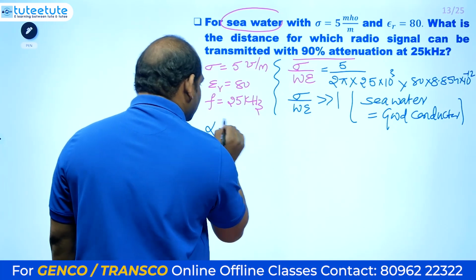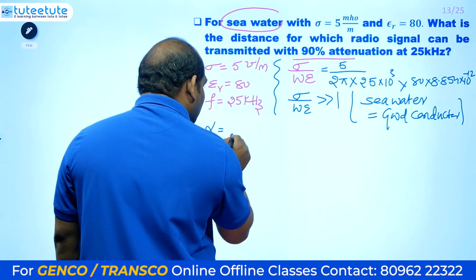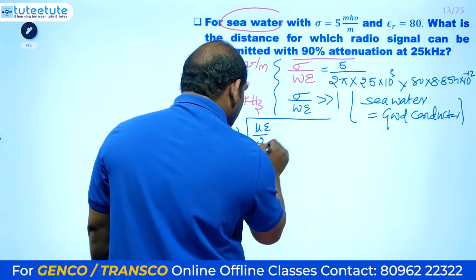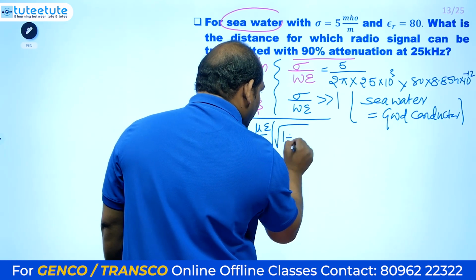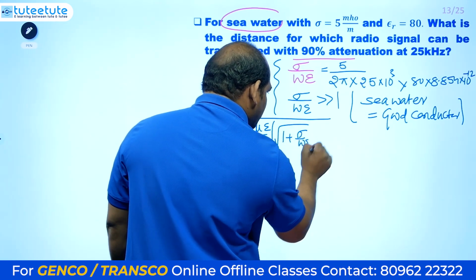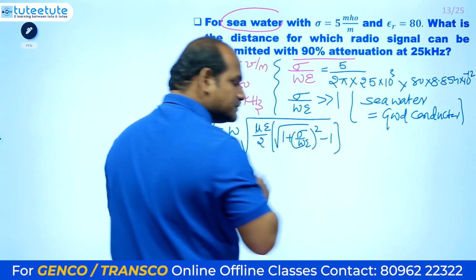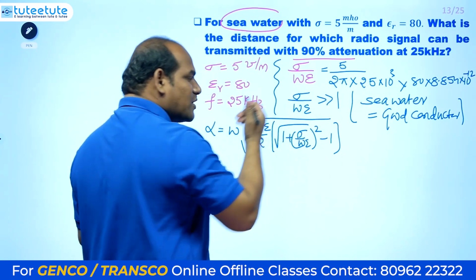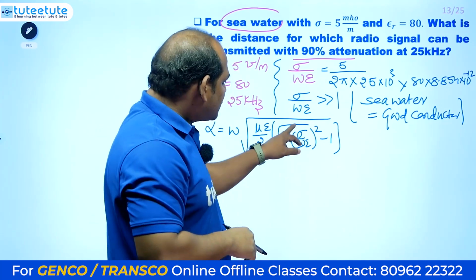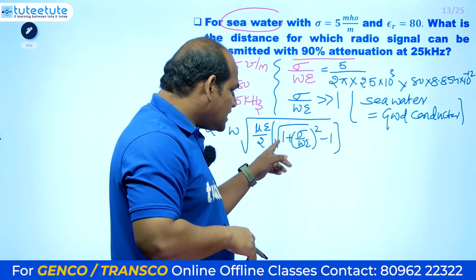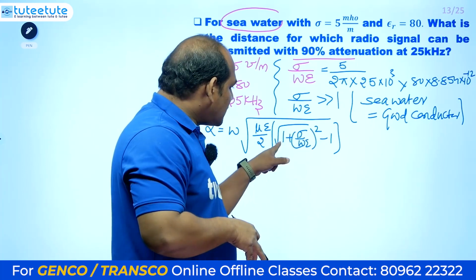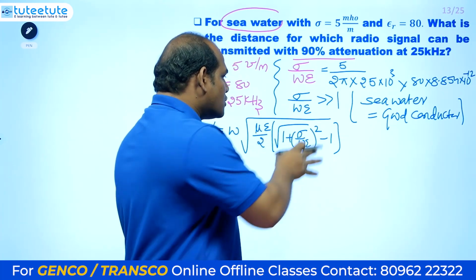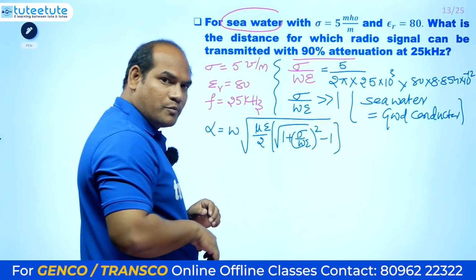We have the formula for the attenuation constant: alpha equals omega root of mu epsilon by 2 into root of the quantity 1 plus sigma by omega epsilon whole square, minus 1. Now we got that seawater is a good conductor where sigma by omega epsilon is very large, so its square is also very large. The 1 can be neglected, the square and root can be neglected, and this minus 1 can be neglected. So out of this we will get only sigma by omega epsilon.